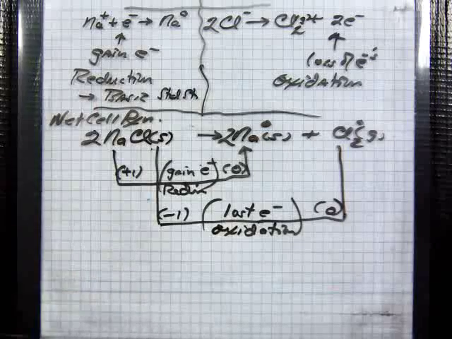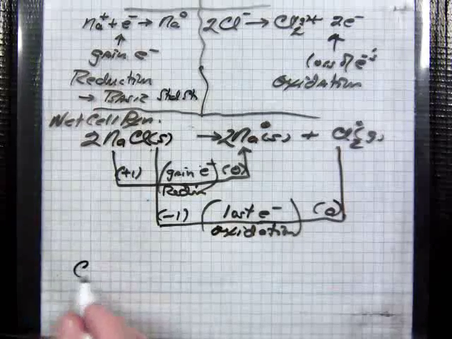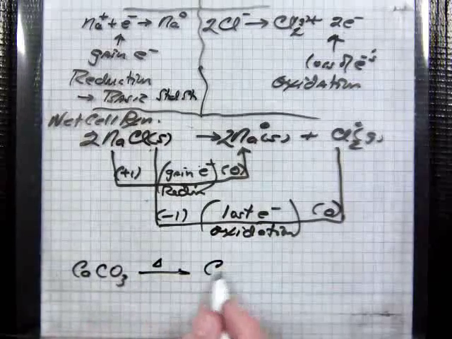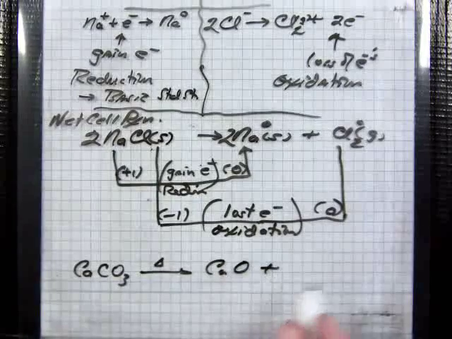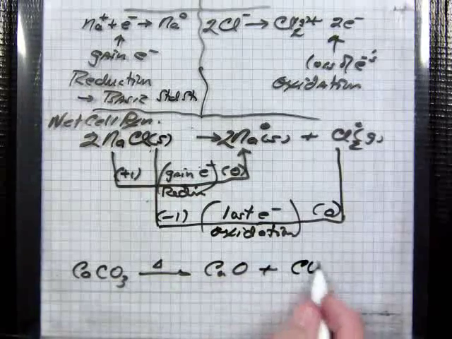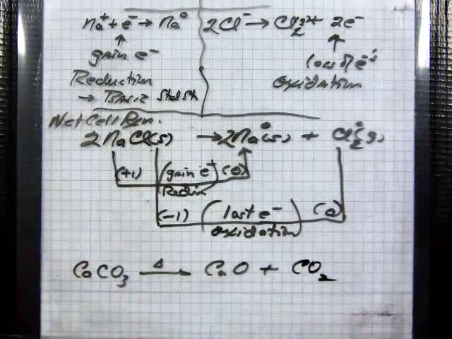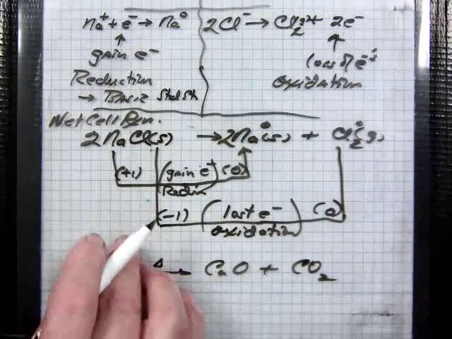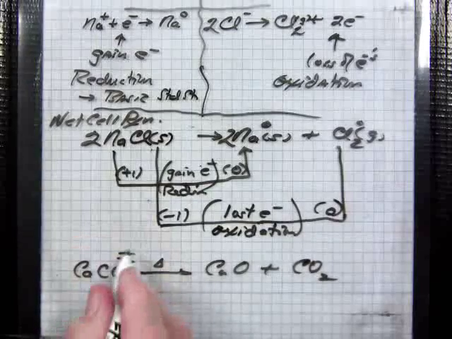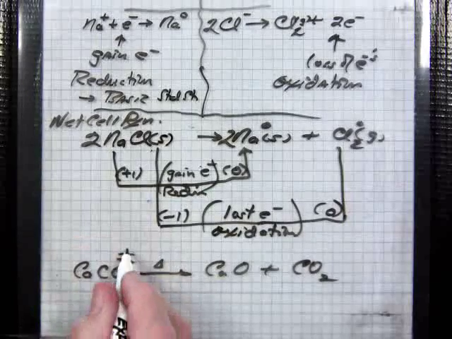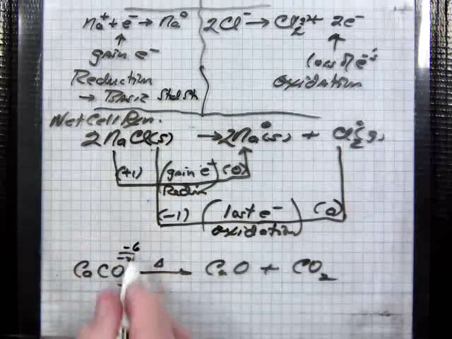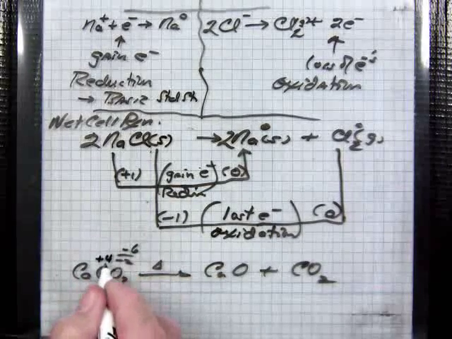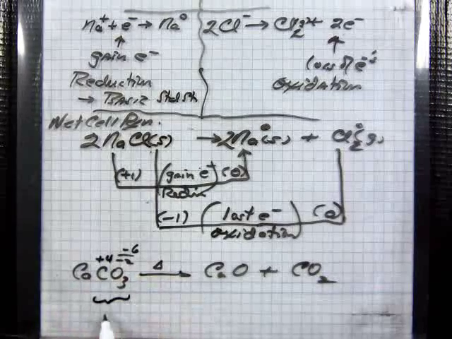The carbonates, say we take calcium carbonate and heat that, it goes to calcium oxide plus carbon dioxide. Well, over here, this is a -2 polyion overall: oxygen is -2, times 3 is -6, and this would be a +4, so -6 plus 4 is a -2, if you recall.